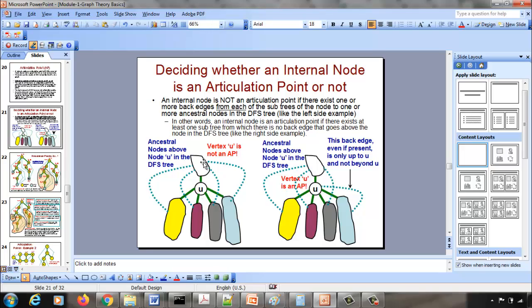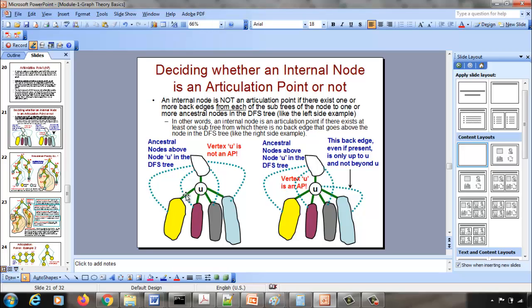So the root node is somewhere further up, and from that root node you go through a sequence of tree edges and reach this internal node U. Okay, so above U you have the root node and some more predecessor nodes if possible. So at least the root node is up there above U.